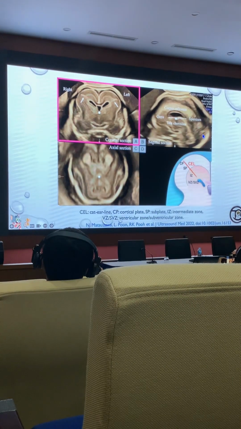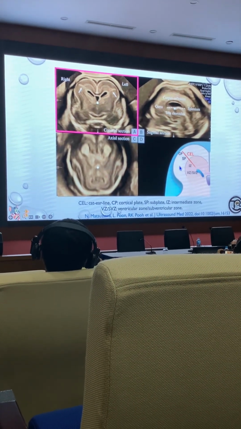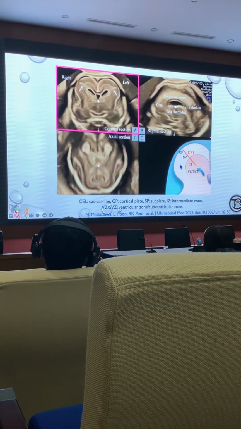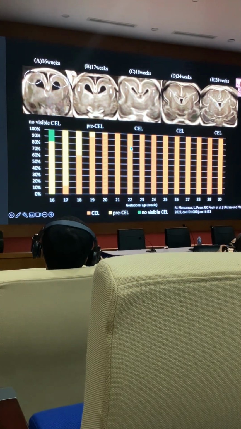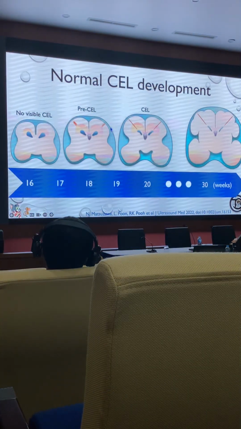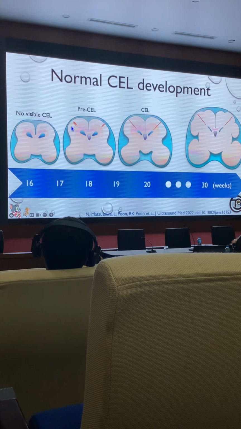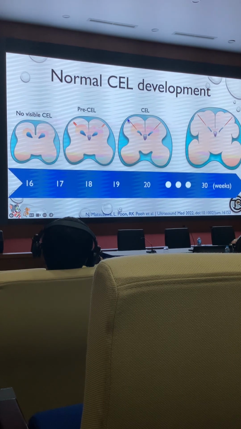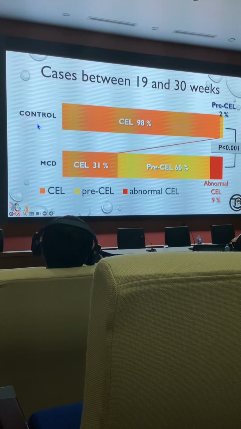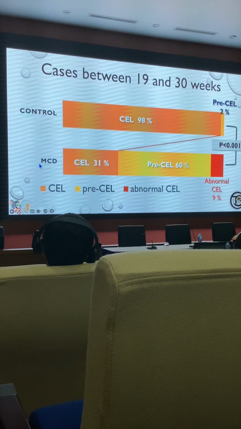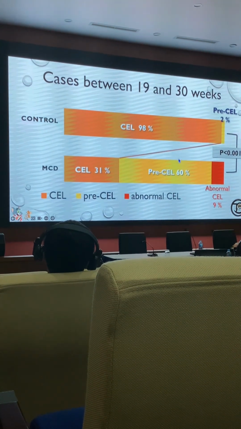The CAL is observed at the same point as the Sylvian fissure angle. Then we have the data: no visible CL to pre-CL, and pre-CL to CL like this, okay? Between the control group and MCD, MCD is delayed. The Cartier line development is very delayed.